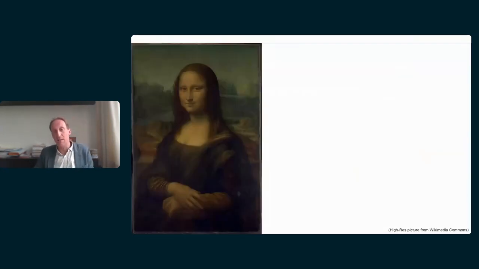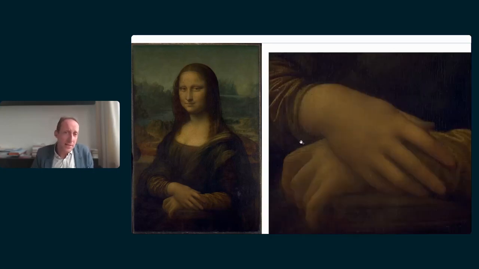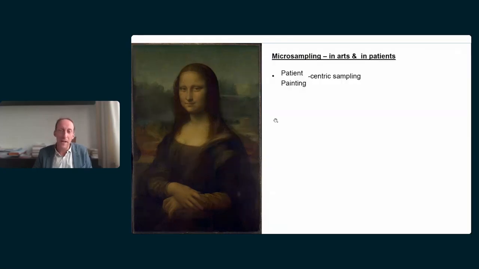And more particularly, if you look at the Mona Lisa and you focus on the hands, and you look in very much detail at the middle finger, and I give you all a few seconds to really focus on what you may see there. Do you see it? There's a tiny drop of blood hanging there, a microsample. No, I'm just kidding. It's not really a microsample there.